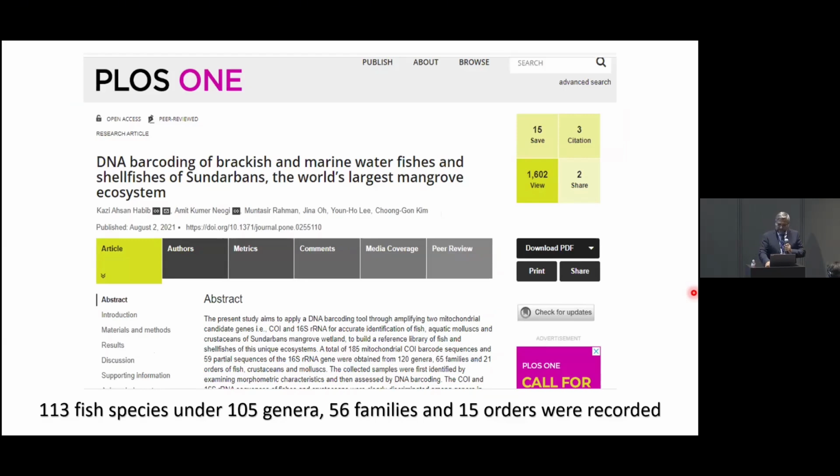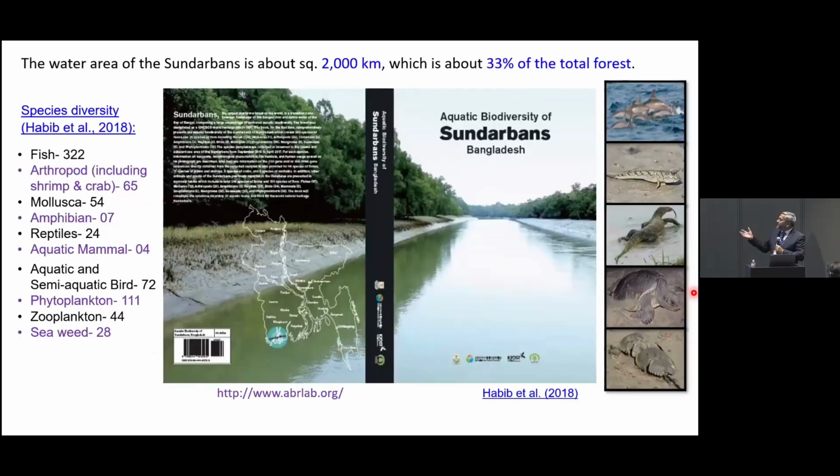I also published one book on Sundarbans biodiversity. That is basically a taxonomic book. We gave the real pictures that we captured in the lab of different types of fish, arthropods, mollusks, and amphibians, with the DNA barcode accession numbers of GenBank that were made by my lab.